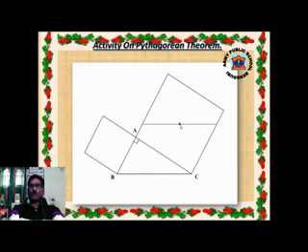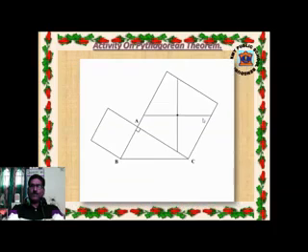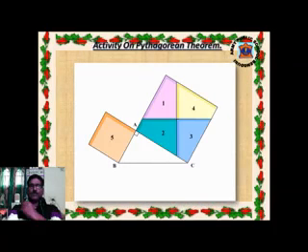Now at the center of the square, I will draw a perpendicular line, like this, and this square has been divided into 4 quadrilaterals of equal parts. Now for identification purposes, I will use color and number.